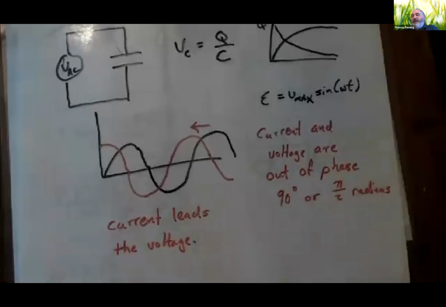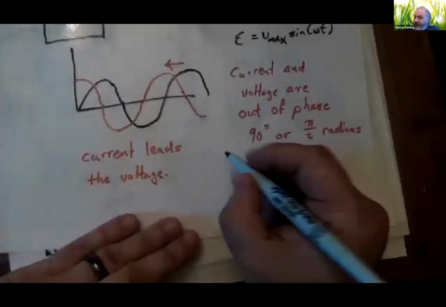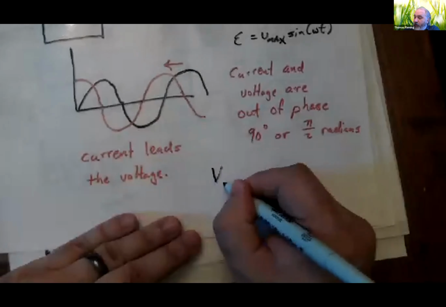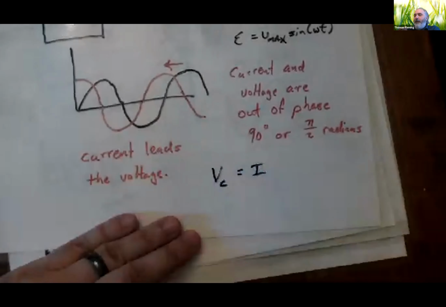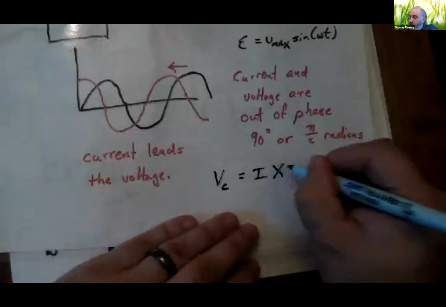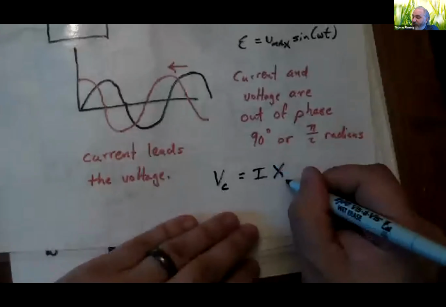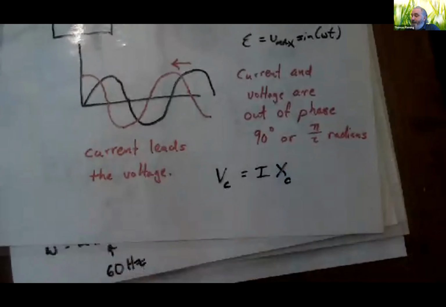Now, here's what's going to make that tricky. Theoretically, I could say that the voltage drop across my capacitor is just going to equal the current times whatever this thing is that's kind of like a resistance. I'm just going to call it X, simply X sub C, since we're talking about capacitance. We're going to do the same thing with inductors in a minute.